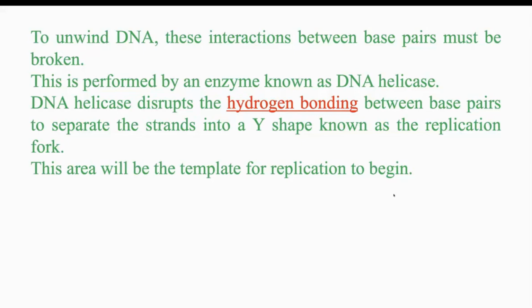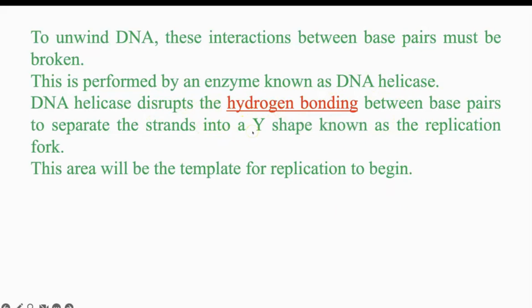Now, to replicate, the DNA has to unwind. Already we know that the base pairs are adenine pairing with thymine and guanine pairing with cytosine. In between the bases we have hydrogen bonding. That bond should be broken so that the DNA can replicate. It takes place with the help of the enzyme DNA helicase. The DNA helicase disturbs the hydrogen bonding between the base pairs.